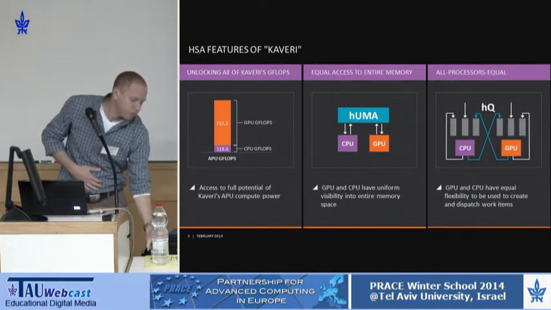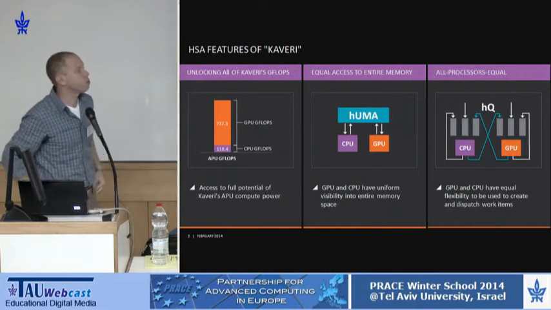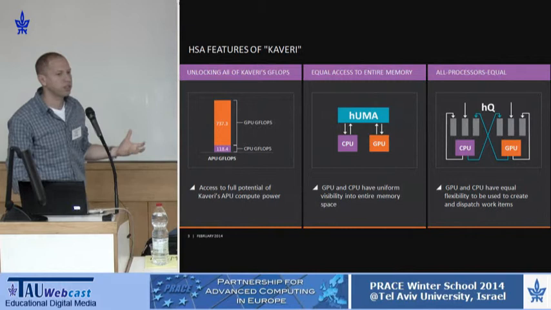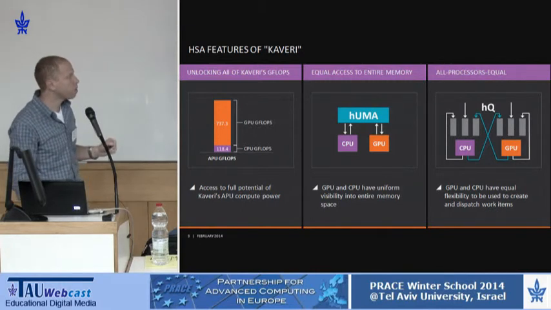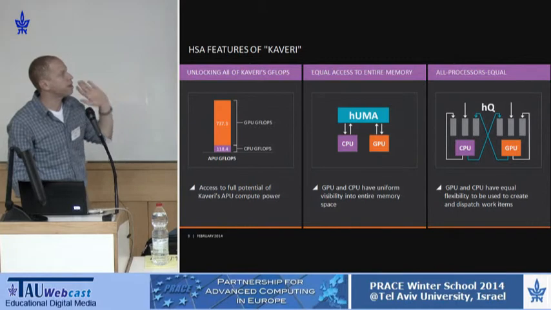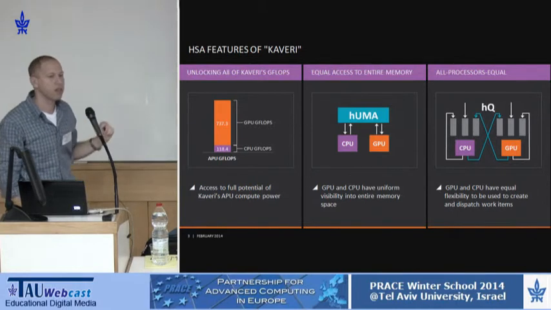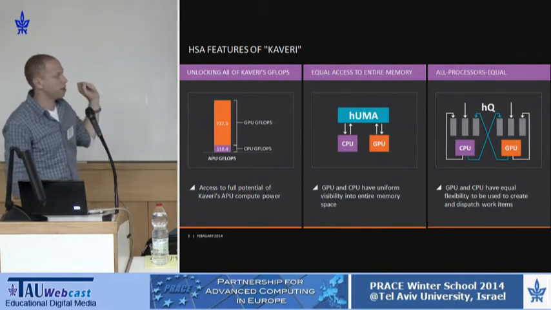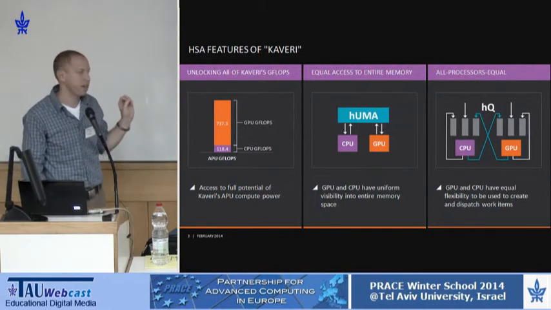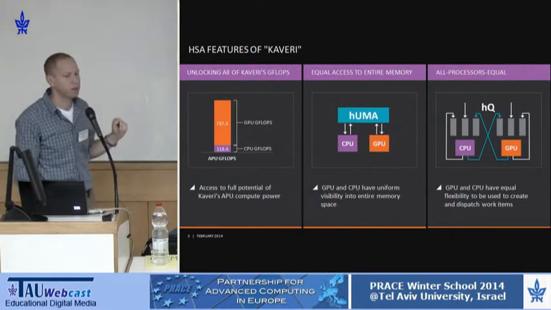Now, we incorporated into this chip quite a few features that make the GPU a first-class citizen in the SoC. And what do I mean by first-class citizen? First, we call it HUMA. The GPU has full and equal access to the memory as if it was the CPU.